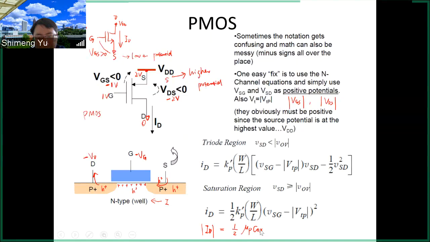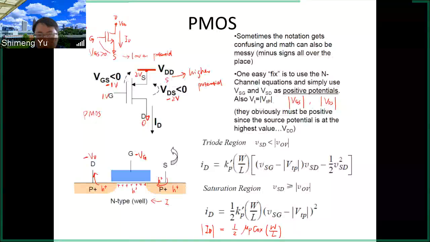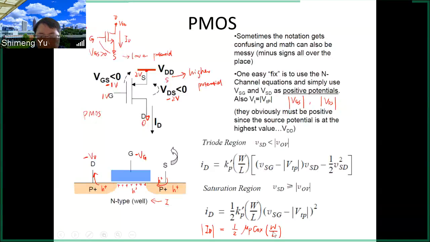And COX is the same, the gate oxide capacitance per unit area. This is the same. And then W over L, this is the geometry, dimensions, the width and the length of the channel. And then the voltage terms, you have to use VGS absolute value minus VTP absolute value squared.